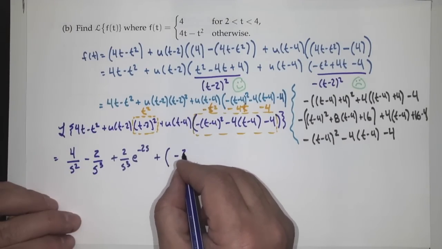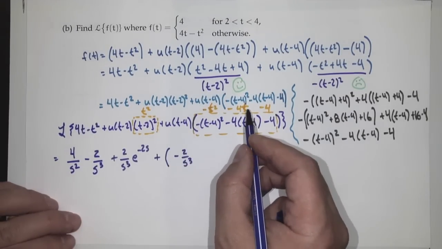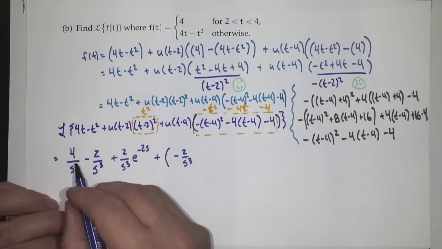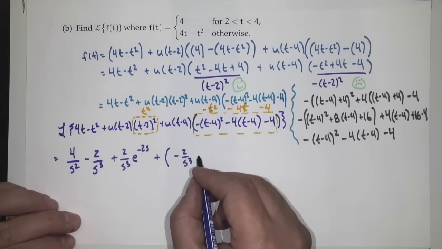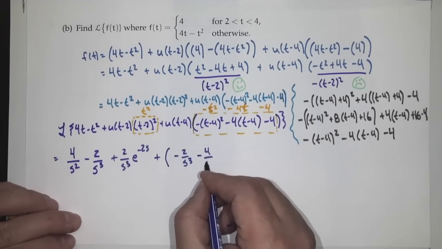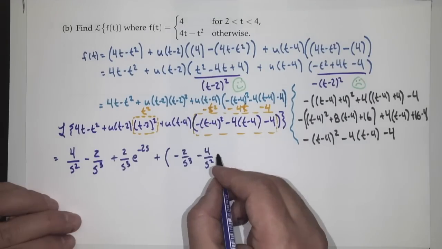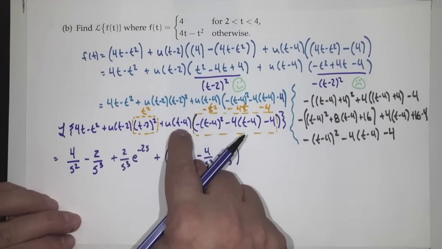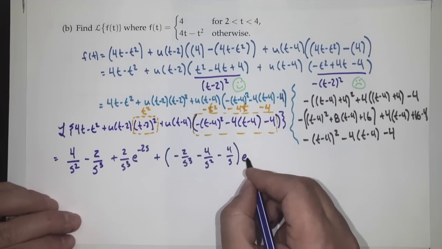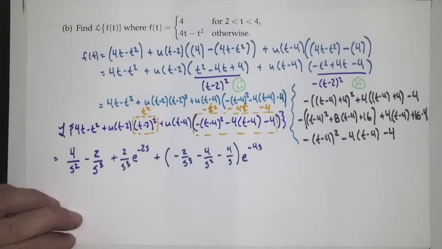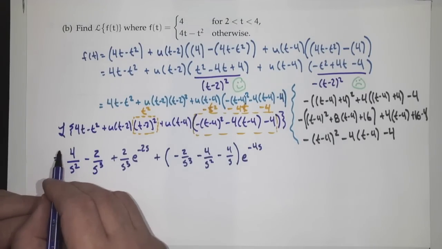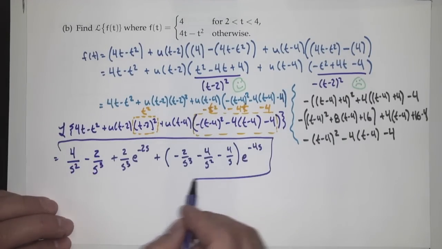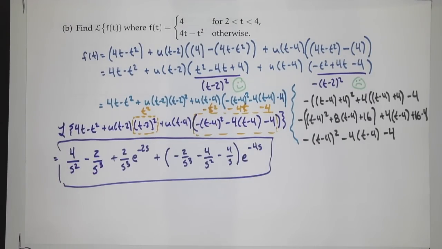So we have a minus 2 over s cubed. 4t, we know how to do that. That's going to become a minus 4 over s squared. Minus 4 is minus 4 over s. And then that u of t minus 4 is e to the minus 4s. And we found our Laplace transform. So we're done.